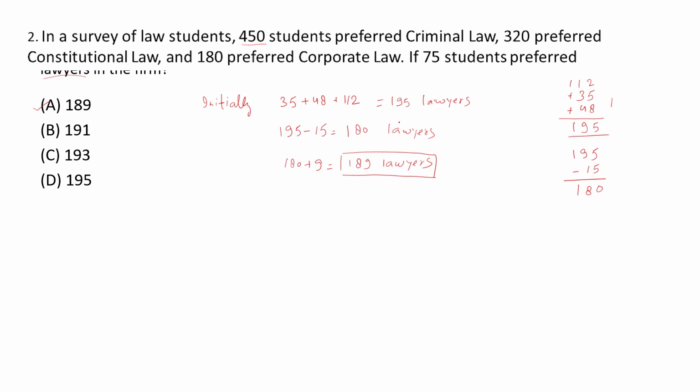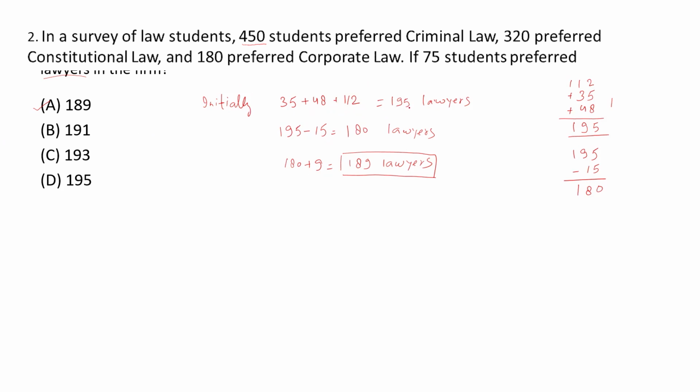So in this one problem itself, we first added the strength in the law firm, then we subtracted those many associates who left the firm, and then we added the number of new joinees. Initially there were 35 plus 48 plus 112 lawyers. Then we added them up.